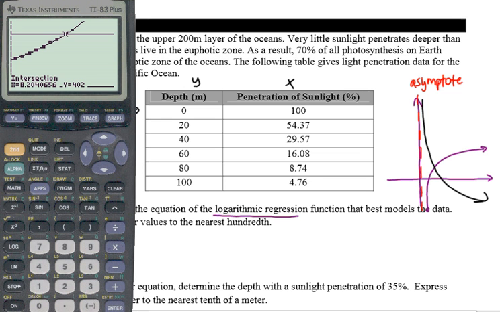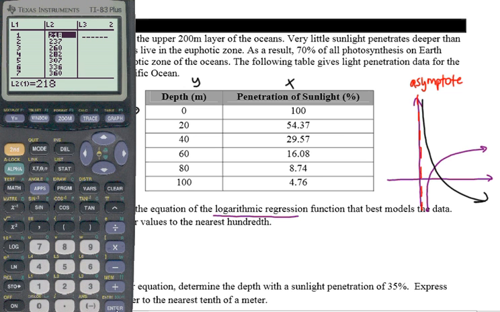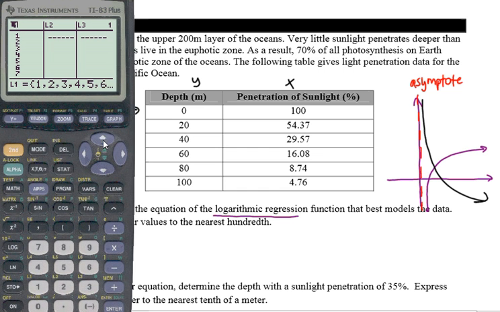Okay, so stat, edit. How do we clear our tables? Clear. If you delete it, just reset your calculator. Yeah, that would work too. Alrighty, so we're going to use that as x: 100, 54.37, 29.57, and 4.76.